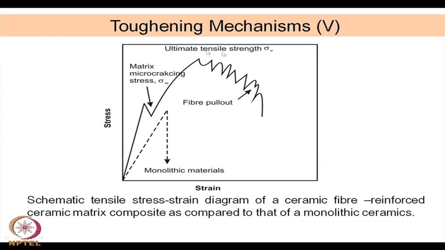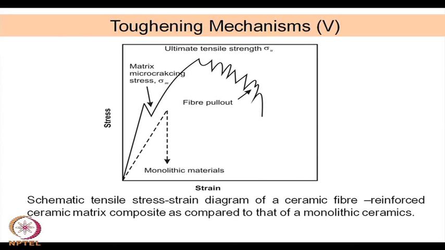Once we have toughening by some reinforcement, particularly fiber reinforcement, the stress strain curve also gets modified compared to the original stress strain curve of a monolithic material. This stress strain curve is quite different because we are basically delaying or slowing down the crack propagation, and therefore, it behaves a little closer to a ductile material.